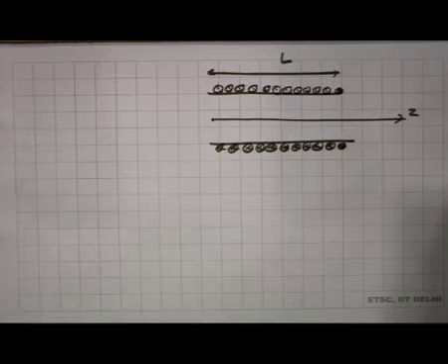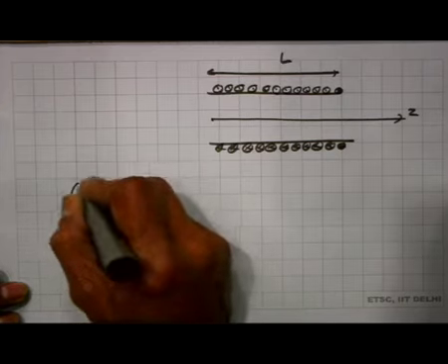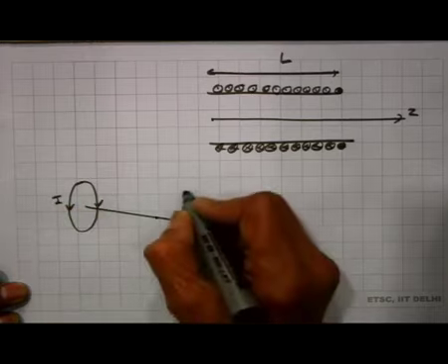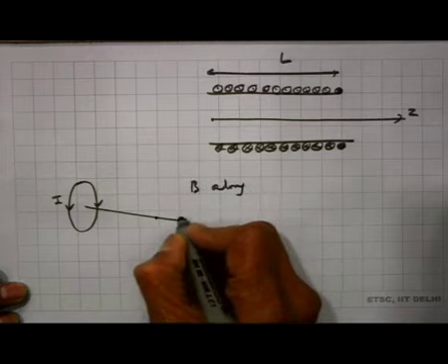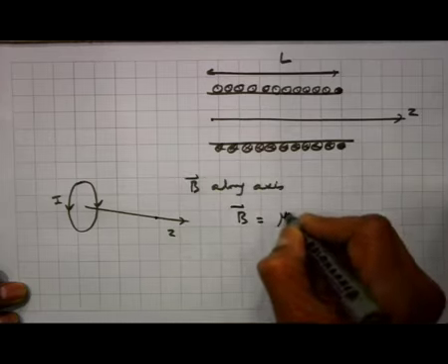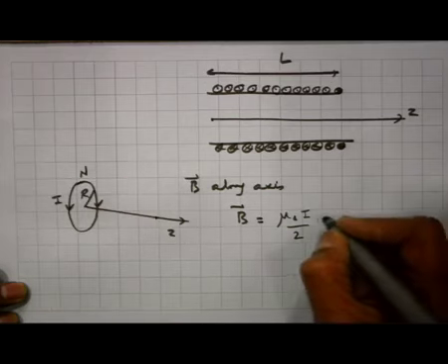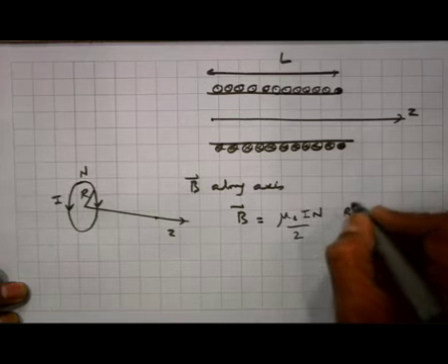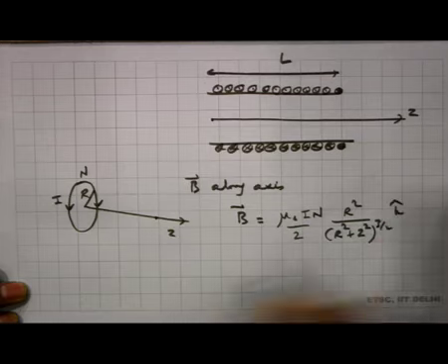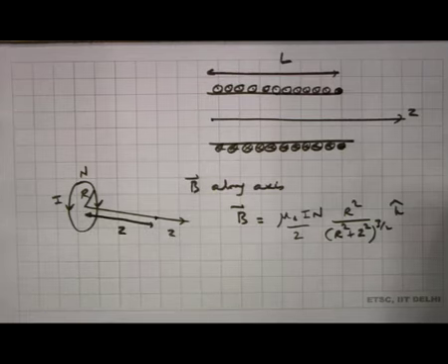Now, I will use this following expression that we had obtained before. If I had a circular loop of wire carrying a current I, the magnetic field along the axis, B vector, is equal to mu naught I by 2, if the radius of the wire is r, and if there are n turns I will get mu naught I n r square by r square plus z square raised to 3 by 2 k cap, where this is the point at a distance z from the center of the circular loop of wire.